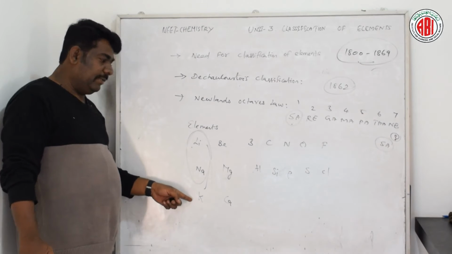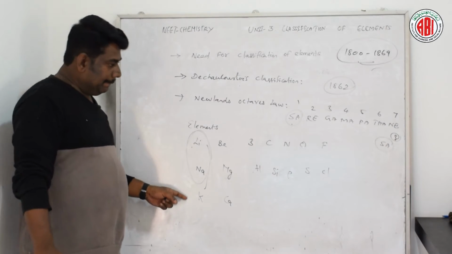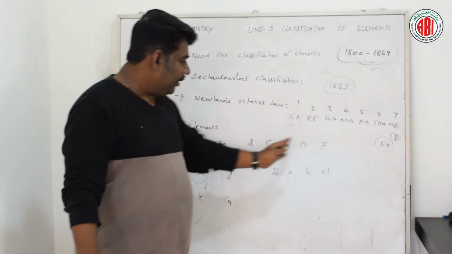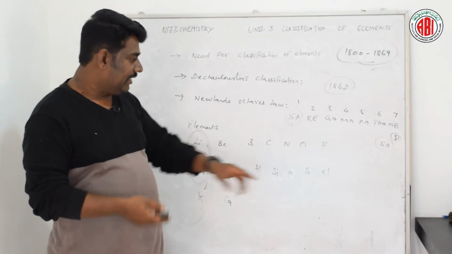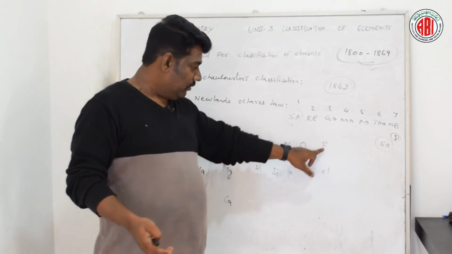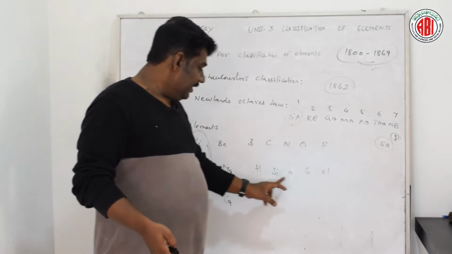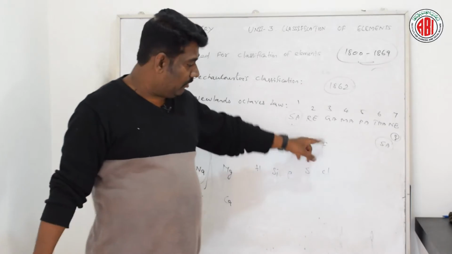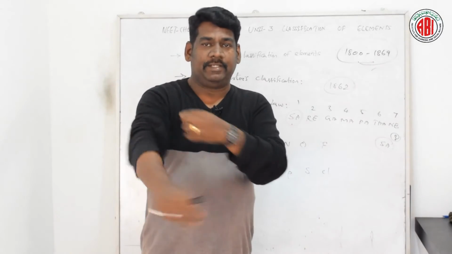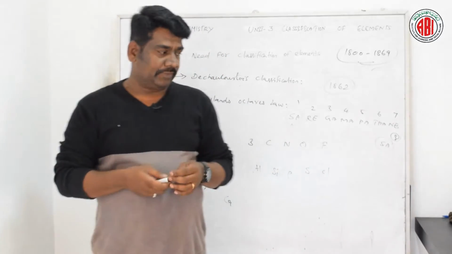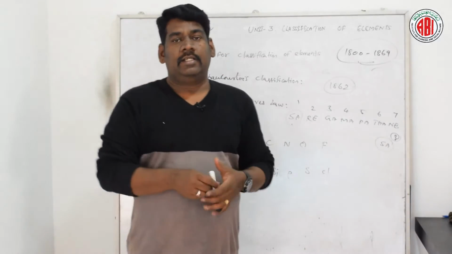So these all have metallic property. Similarly, consecutively every element shows the properties of every eighth element. For example, counting from fluorine, 1, 2, 3, 4, 5, 6, 7, the eighth element is chlorine. Fluorine and chlorine form gaseous elements, so they are non-metallic elements.